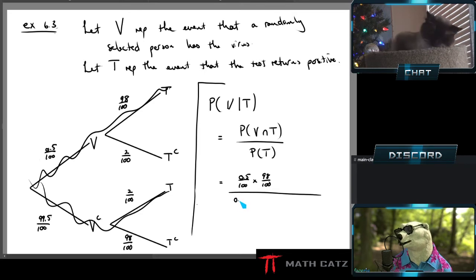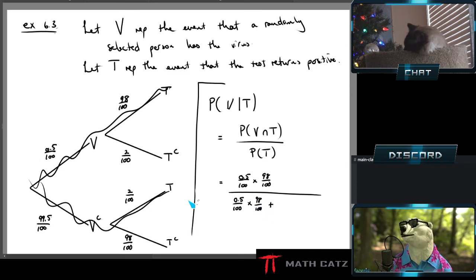So I have the top path, which has probability first branch times second branch, plus another way of getting it, first branch in that path times second branch in that path. Now, in this case, I want to have a number. I want to know what are my chances that I have the virus.